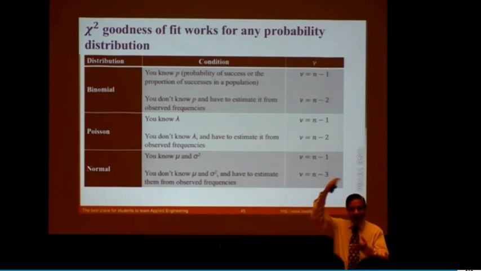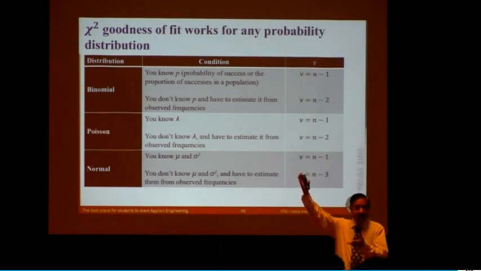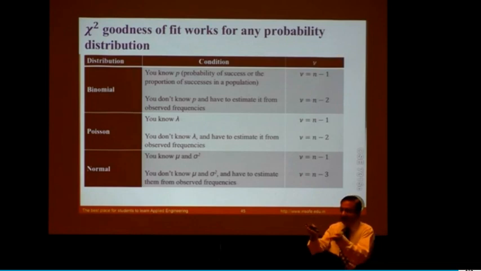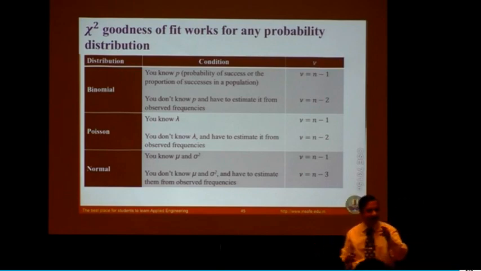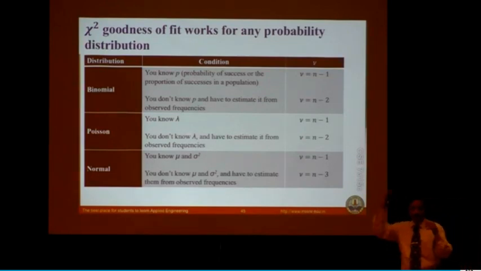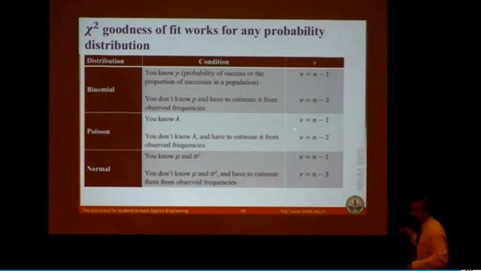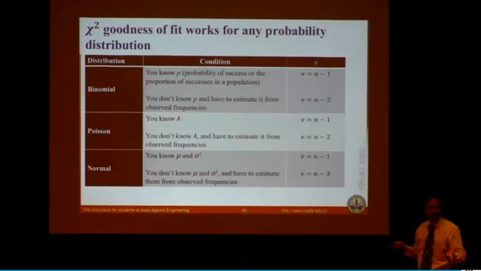Just like for calculating the variance in a sample, instead of using the population mean, you are using the estimate of that: from the sample itself you calculate the mean and then use that to calculate the variance. You lose a degree of freedom there. Likewise, if the population probability of success is not given and you use the sample data to calculate it, then you lose another degree of freedom and n minus 2 becomes the degrees of freedom.